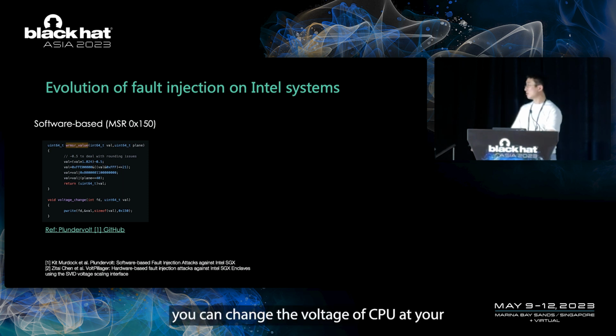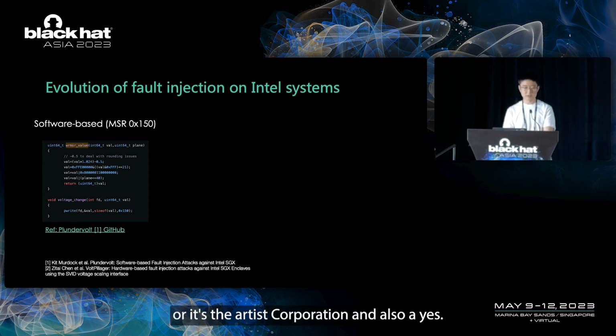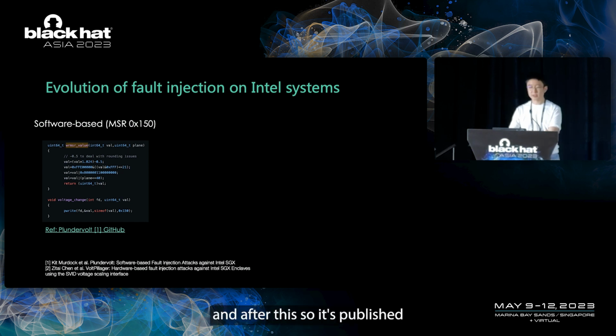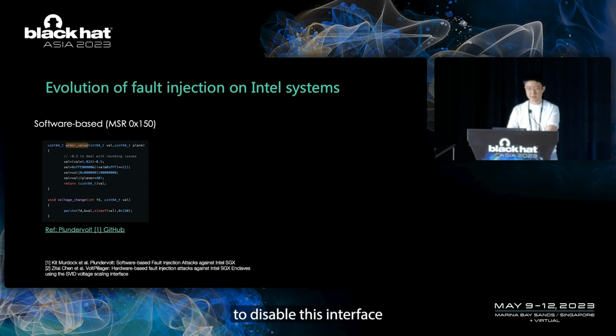You can change the voltage of the CPU, and if you lower the voltage, the CPU undervolts, and it can inject faults into RSA-CRT calculation and also AES-NI. After this was published, Intel released a BIOS and microcode upgrade to disable this interface.